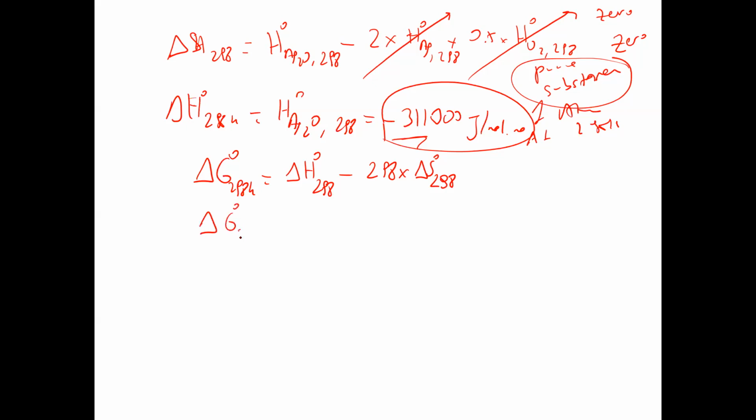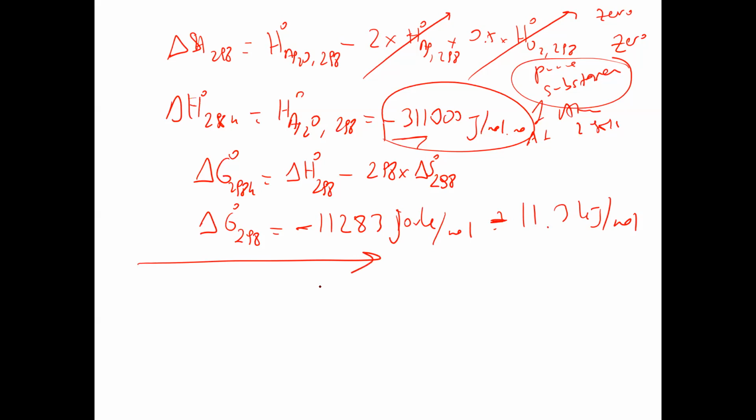Delta G at 298 is about minus 11,283 joule per mole, which is about minus 11.3 kilojoule per mole. And if this value is negative, the reaction proceeds spontaneously. It's a spontaneous reaction and goes to the right, because this is lower than 0.